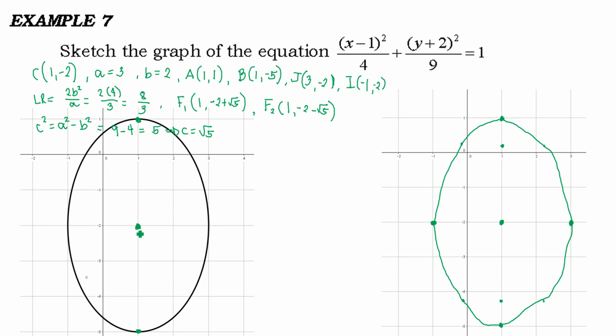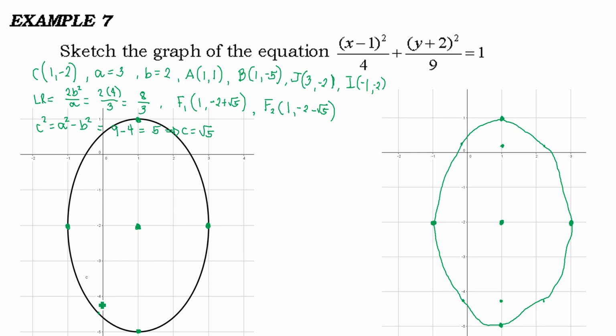Then we have negative 1, negative 2. So, pasok siya. And then, dapat passing through this point. Okay, so although the two graphs are very different, on the left side, it's just a sketch. The right side would be the exact graph of the ellipse.